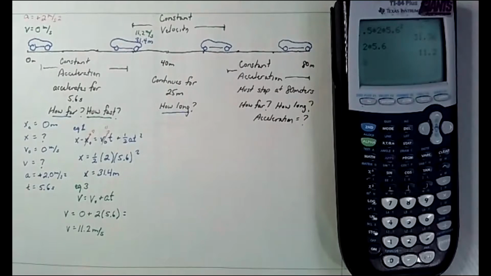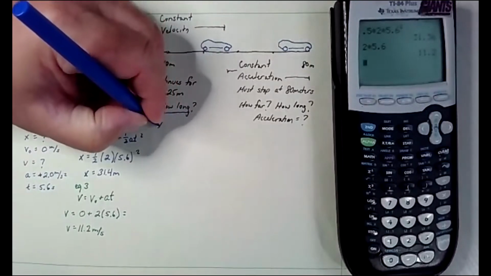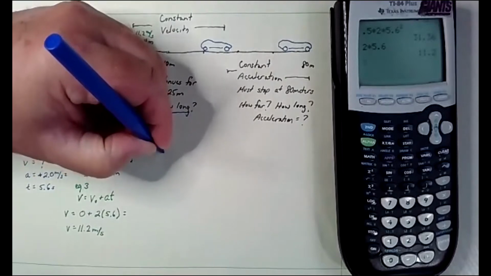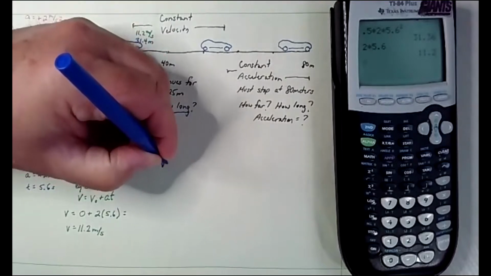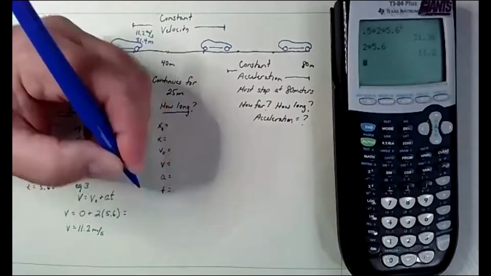And so we want to find something that involves time and distance and velocity. Well, let's go ahead and write down those variables again. Right, so x0, x, v0, final velocity, acceleration, and time.